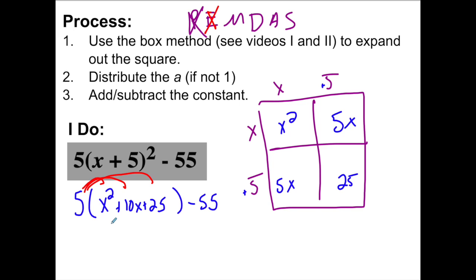So when we're simplifying this, before we do this multiplying by 5, we have to square it. We have to keep with the notion of PEMDAS that is underlying all of this arithmetic and algebra. It's really cool how all that is tied in. Okay, so anyway, I'm going to distribute. I'm going to get 5x squared plus 50x plus 125 minus 55.